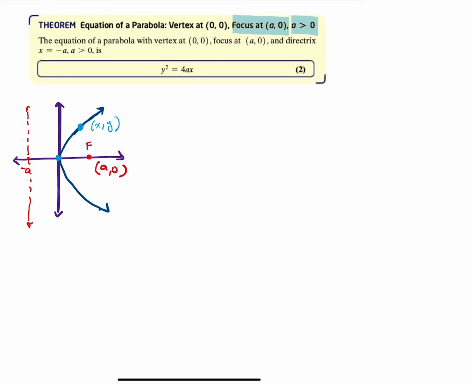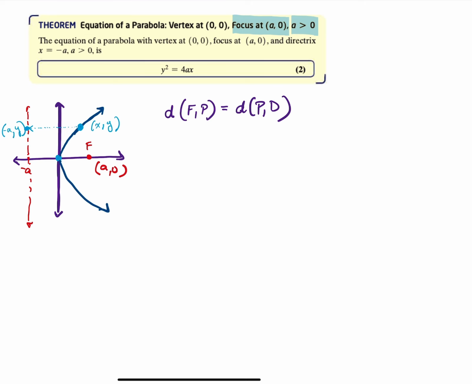So we can build our equation using that statement that those two distances should be the same. We should say that the distance from the focus to our point should be equal to the distance from our point to the directrix. So let's imagine we have our point, and if we were to draw a straight line to the directrix, this would exist at negative a comma y.